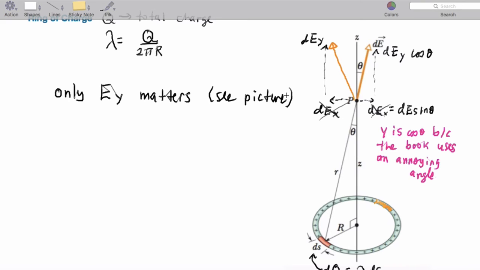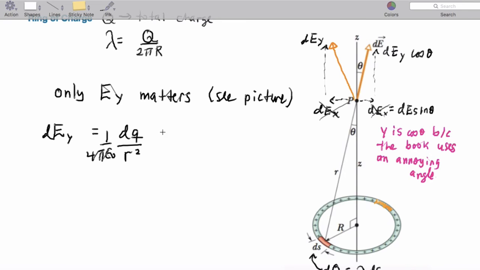Okay. So what this means is we're going to actually have to calculate this Ey. This dEy is going to equal 1 over 4 pi epsilon naught times dq over r squared.